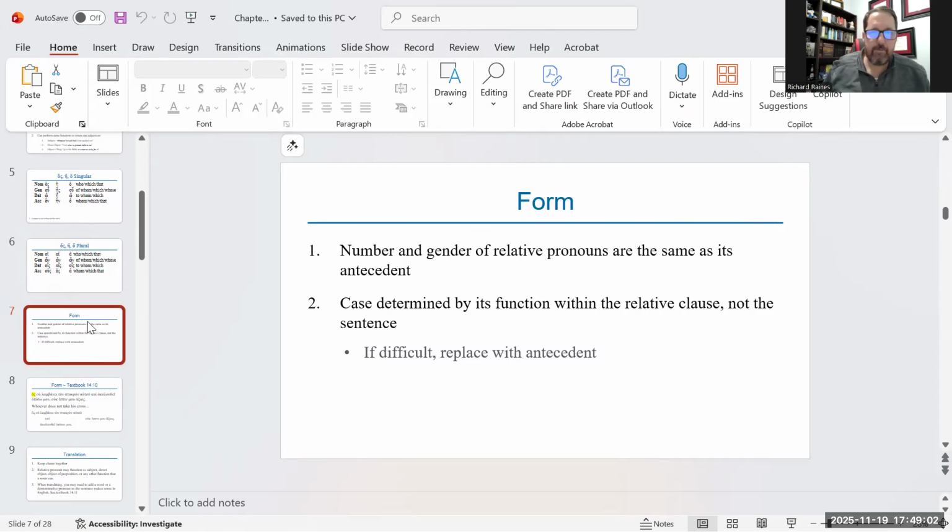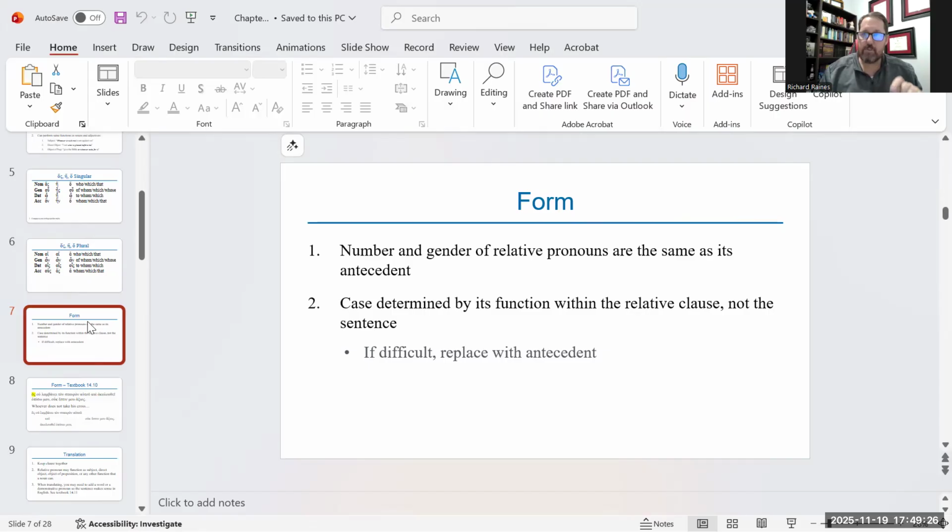So the form of a relative pronoun: what you're going to find is that the number and the gender of the relative pronoun are the same as the word it modifies, or its antecedent. Case is determined by its function. This is important.